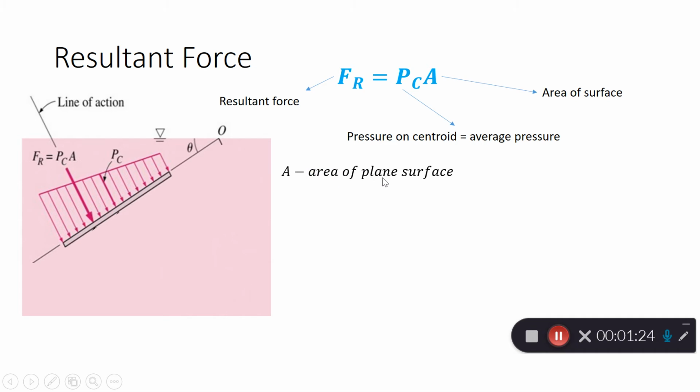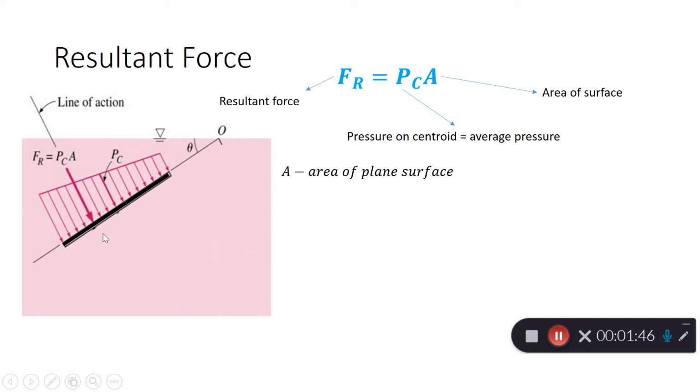A is the area of the plane surface. Of course, this is the side view of the plane, so the plane surface will be viewed from this angle. From here, you can't tell what shape it is. It could be a rectangle, it could be a circle, it could even be a triangle.